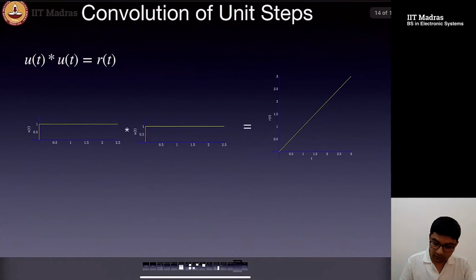Okay, so we'll try to visualize why this particular thing is happening. We start off. Let's say I take a convolution of two step signals.